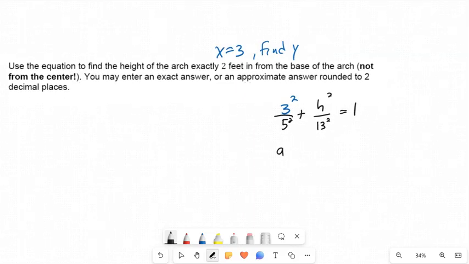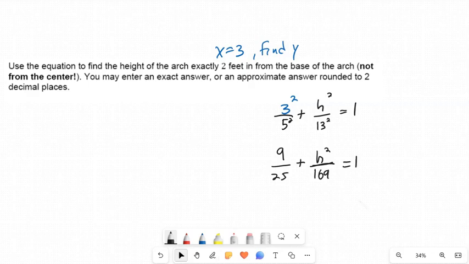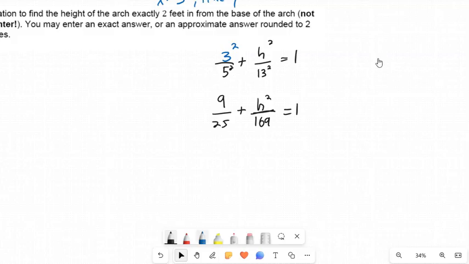Okay, it might be easier in your head if you convert all the numbers into non-exponential form. But to solve for h, this is 3 steps. Subtract the 9 over 25 to the right. And whether you do the work to figure out those fractions, that's fine, you don't have to.